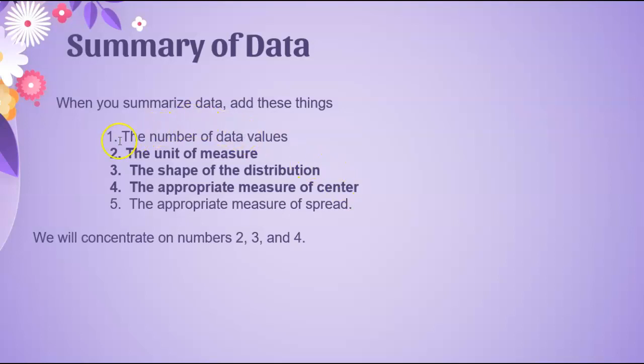We're going to concentrate on numbers 2, 3, and 4 here. We're not going to really worry about 1 and 5 right now. We will talk about measures of spread, but it won't be as important as the other 3.